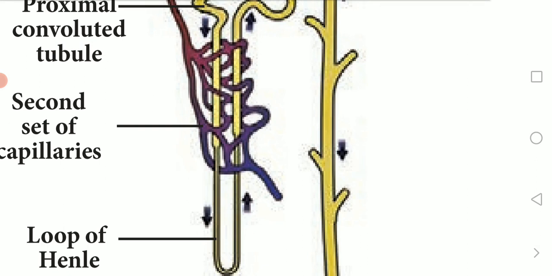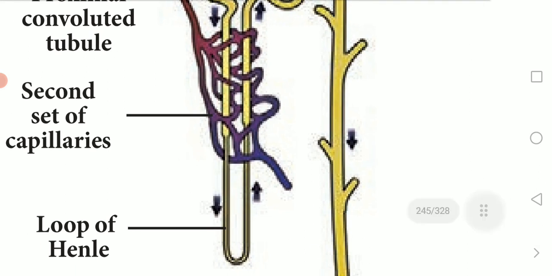I'll show you the picture. Here is the structure of the nephron, and this part is where glomerular filtration takes place.